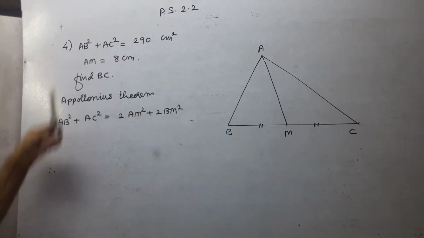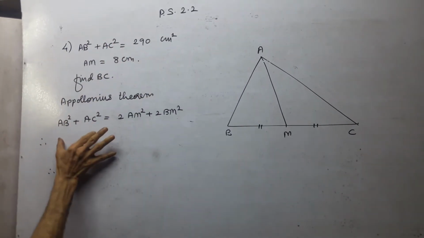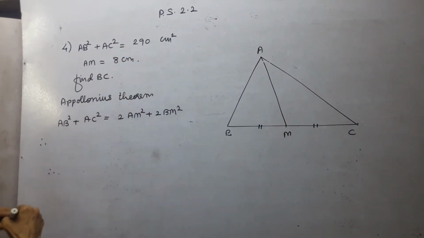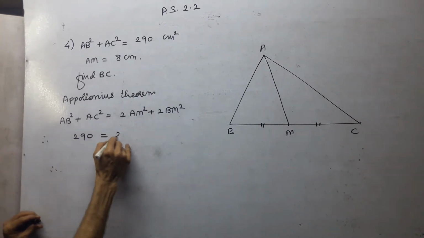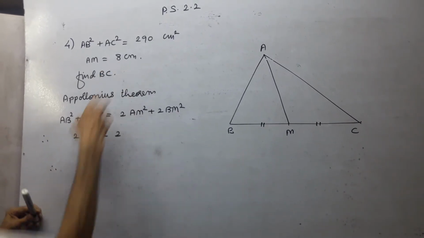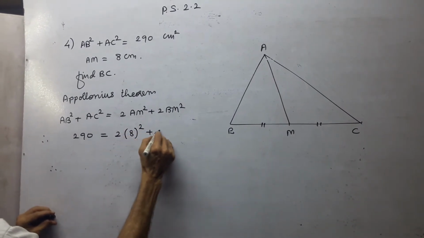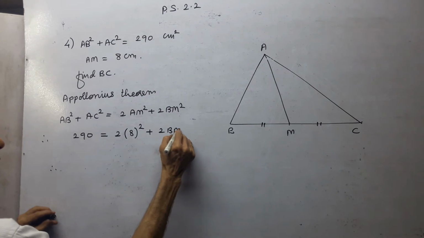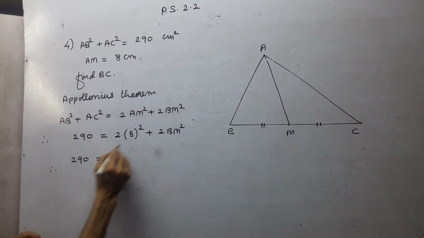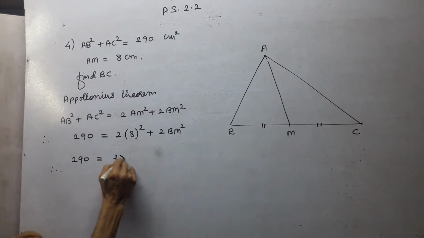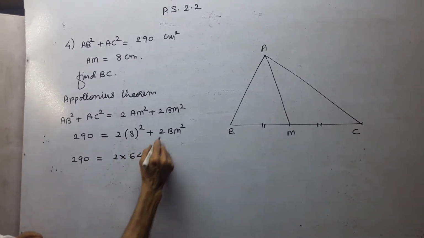Now AB square plus AC square is already given, so in place of it I directly write 290, is equal to 2 AM, but AM is given 8, so write 8 square, plus 2 BM square. So 290 is equal to 2 into 64 plus 2 BM square.